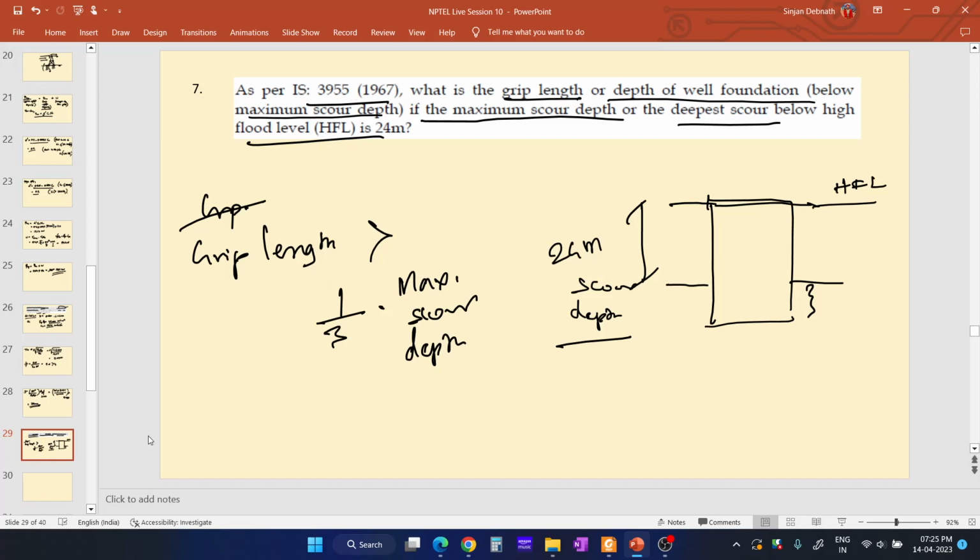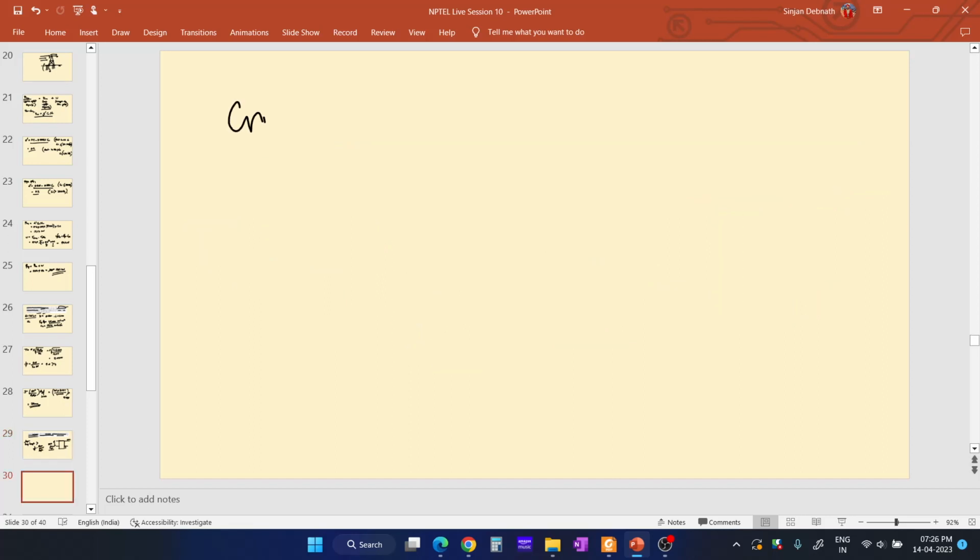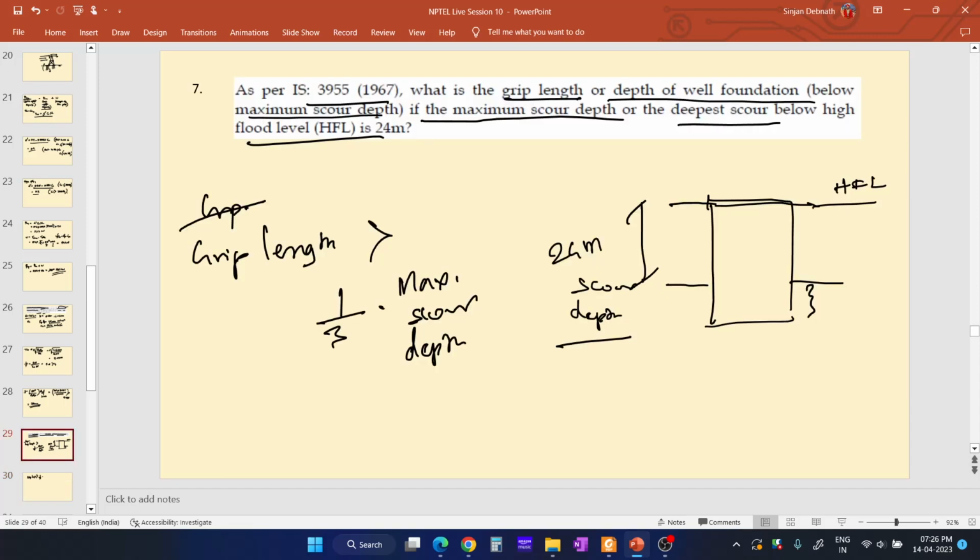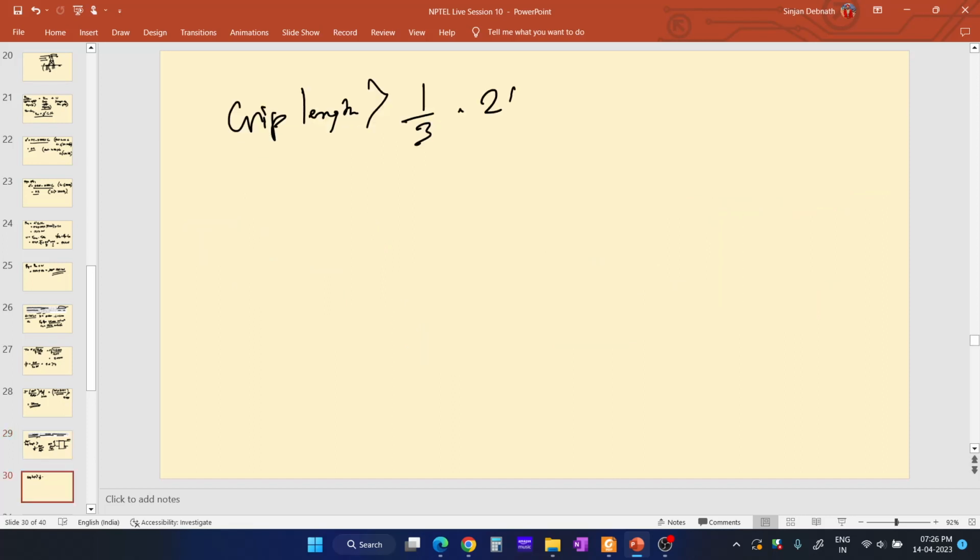So that means grip length should be greater than one third of maximum covered depth. How much is the maximum covered depth? It is 24 meter. So 1 by 3 times 24, that means greater than 8. So grip length should be greater than 8 meter.